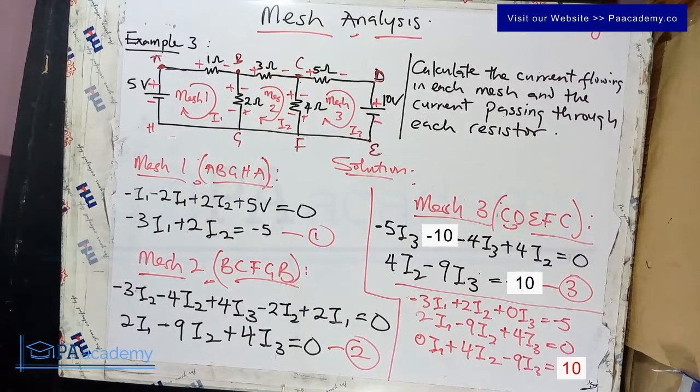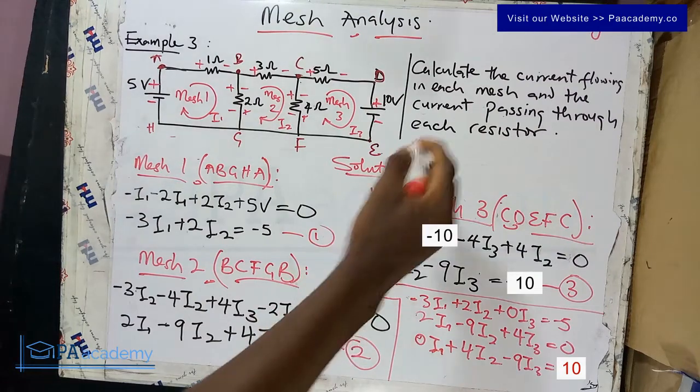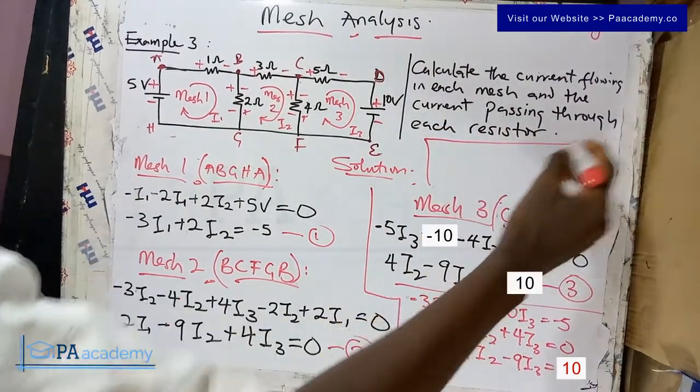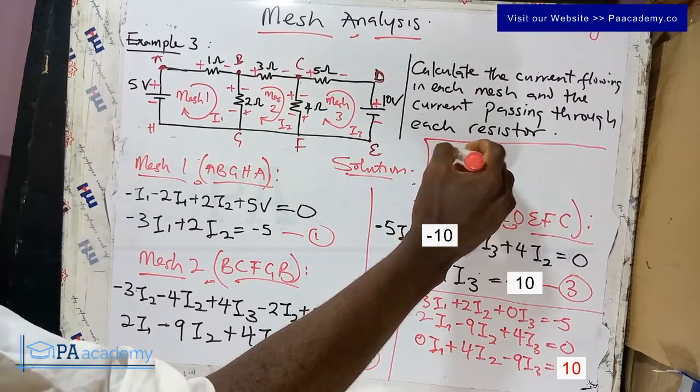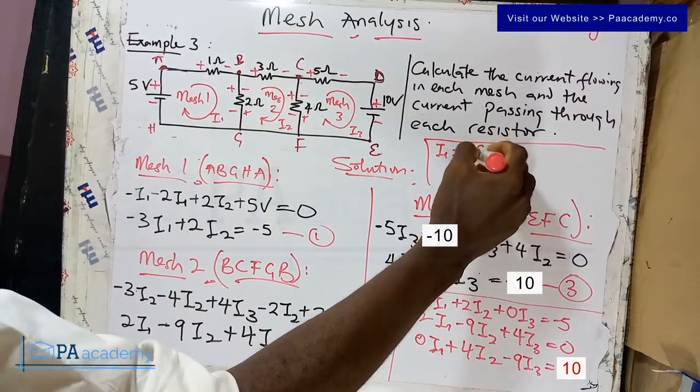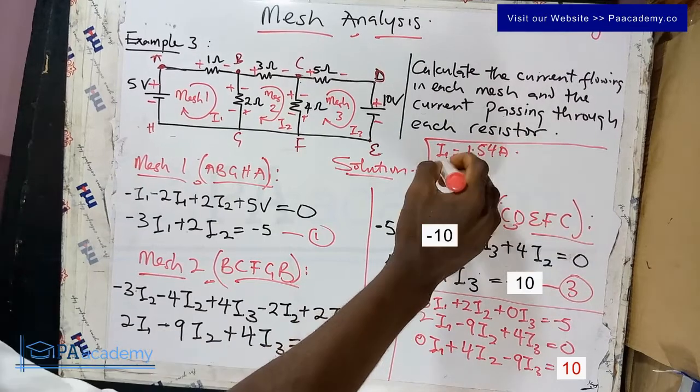So if you solve these three equations simultaneously, it will give you the values of i1, i2, and i3. So all things being equal, let me just write it here. Your i1 will give you 1.54 amperes. Remember to always add your units.